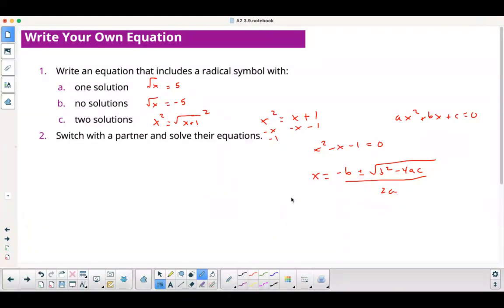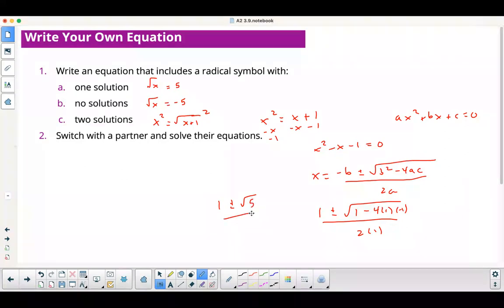So b is -1, so negative b is 1 plus or minus the square root of -1 squared, which would be 1, minus 4 times 1 times -1, all over 2 times 1. I think this is going to give me 1 plus or minus the square root of 5 over 2.